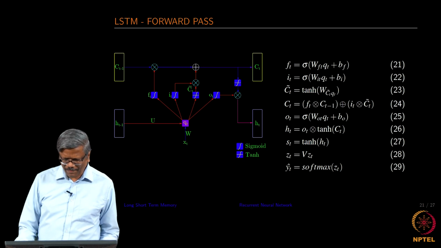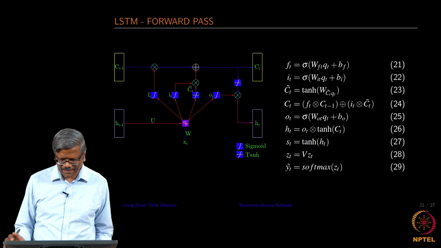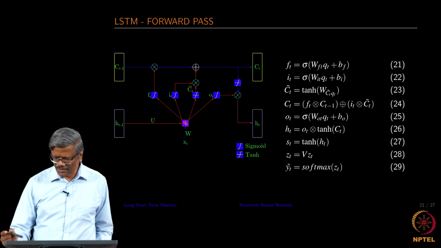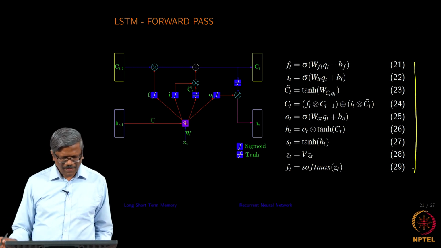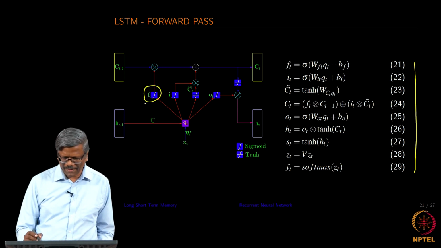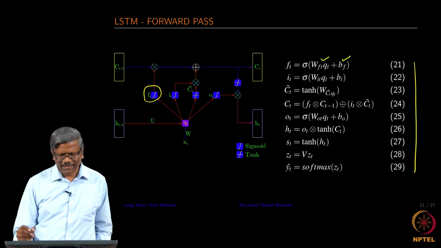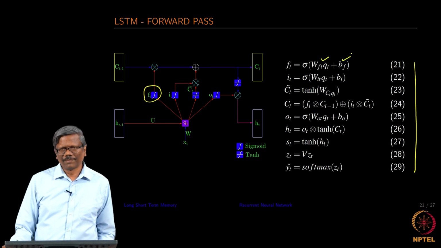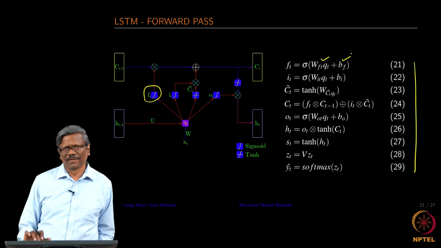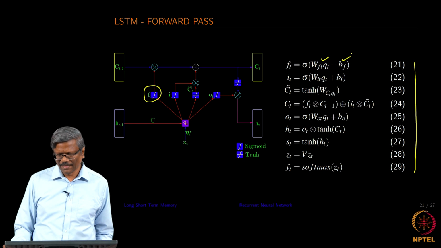So, this is the forward pass. I think I mentioned about this in detail there, and these are the equations that we have for the forward pass. First, we use the forget gate, and we have the weight, and there is a bias. In many cases, we ignore bias. In LSTM, it is important that we manage the bias as well.